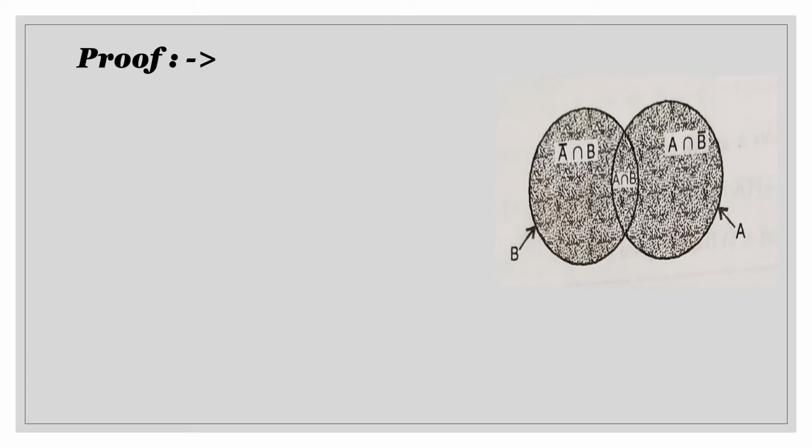To understand this theorem, first of all, make this Venn diagram. Here we have taken two events, A and B. This is event A, this is event B. Event A is broken into two parts. This is the common part, the common area.